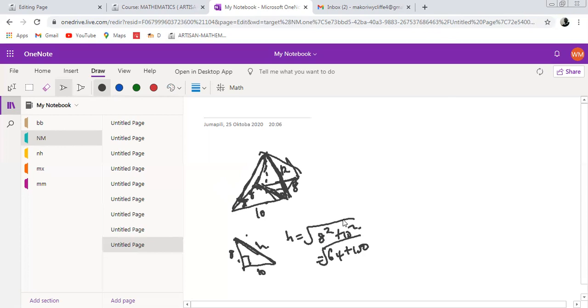So the square root of 164 is the same as 12.8, which is actually the diagonal. From this end to this end is 12.8. If this diagonal is 12.8, then up to the center is going to be 6.4.